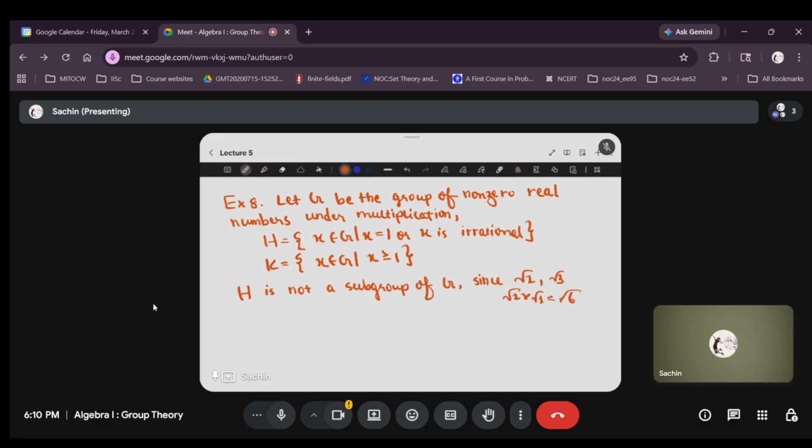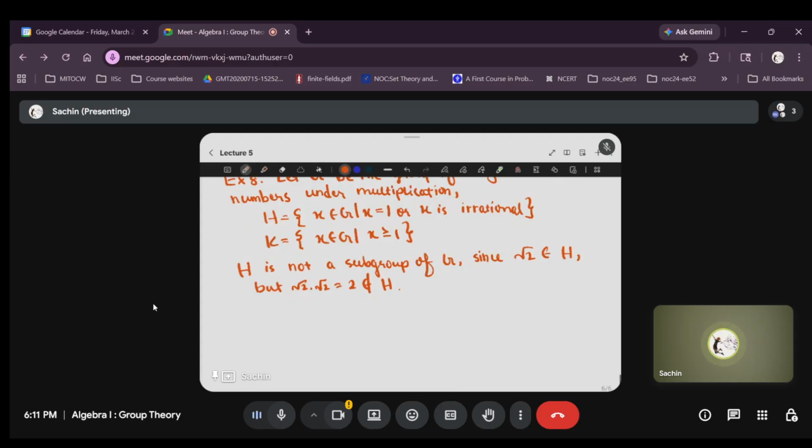So that doesn't violate closure. But if you take square root of 2, which is an element of H, square root of 2 times square root of 2 is equal to 2, which is not an element of H. So H is not a subgroup.